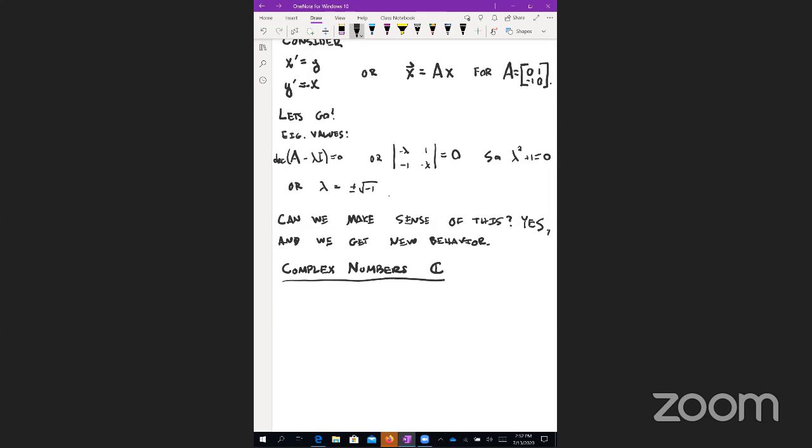So what do we have here? Let's recall. i squared is equal to -1, or i is sometimes formally called the square root of -1, although we have to pick a branch.